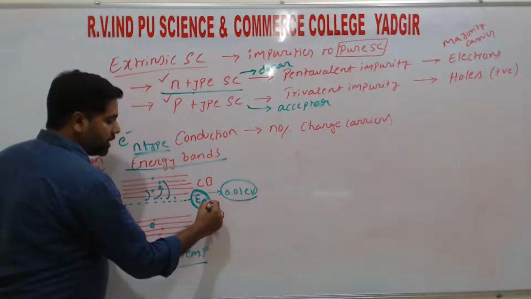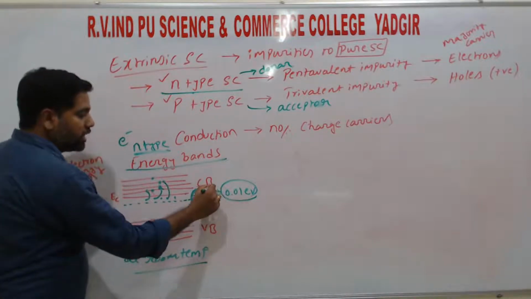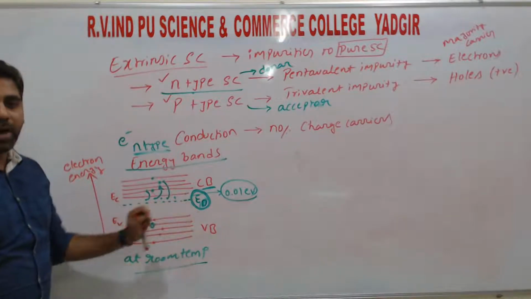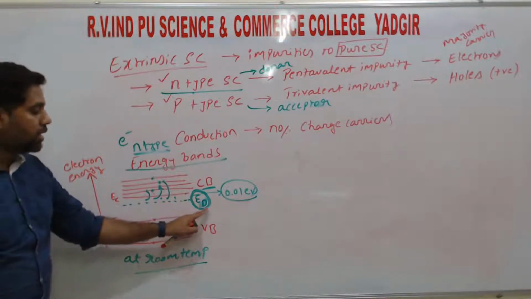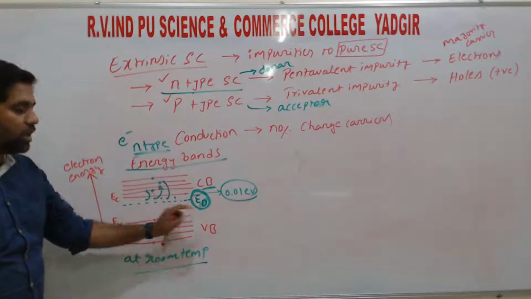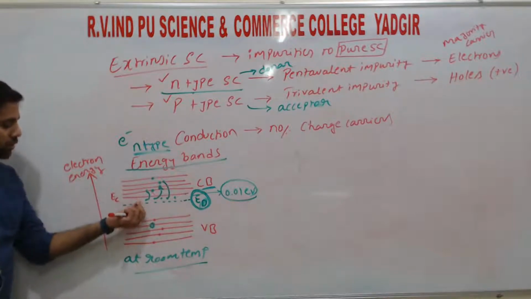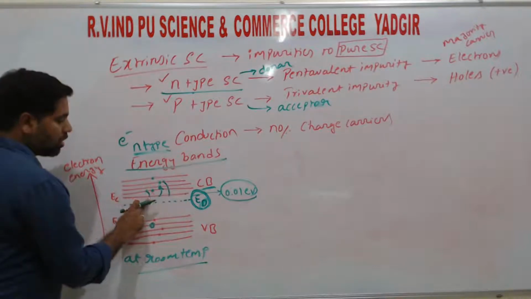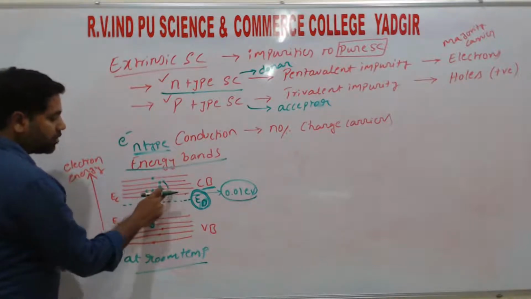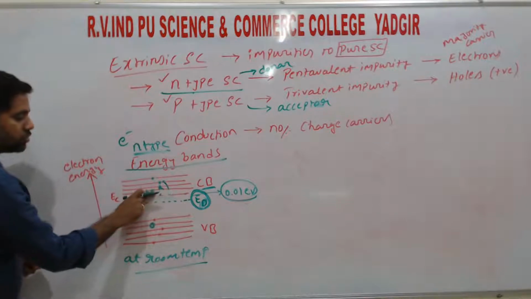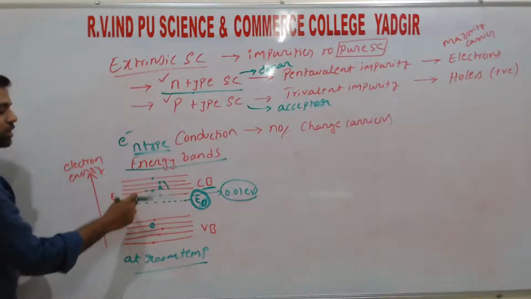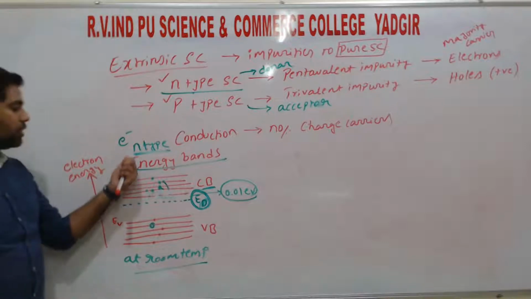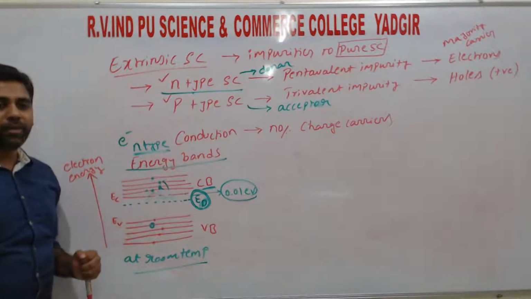One more energy level is formed just below the conduction band, and that band we call the donor band, represented by ED, the energy level of the donor band, just below the conduction band, right? At a low temperature or room temperature, the electrons easily jump to the energy levels in the conduction band, right? So this is the case of n-type semiconductor.